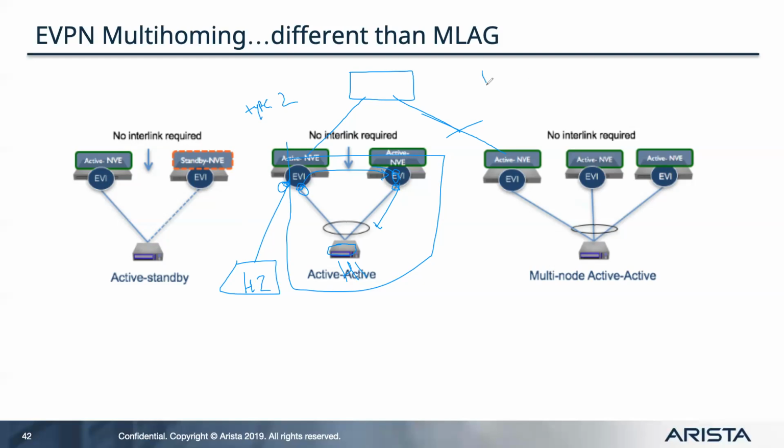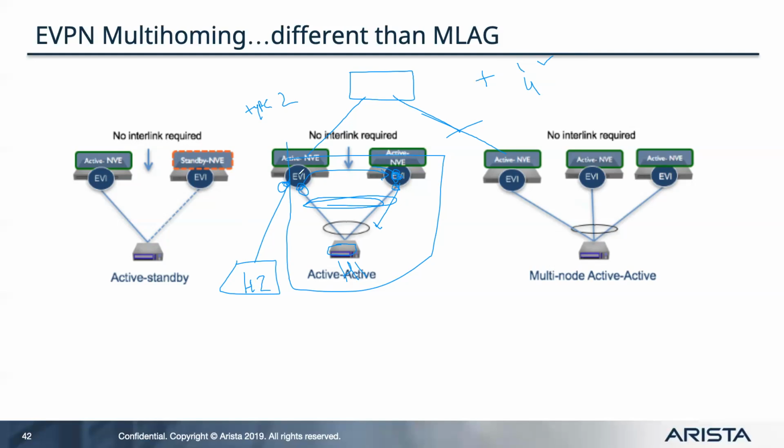That's where type 1 and type 4 come into place, to update this table in the VTAP that we are sharing a common Ethernet segment here. We'll discuss more about type 1 and 4 later, and how this is achieved.